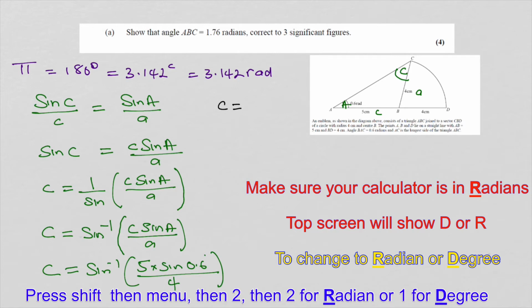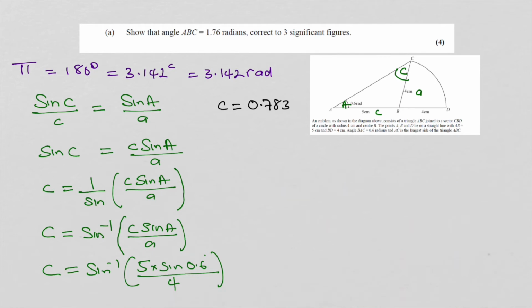The fraction key is below the option button. Then 5 times sine 0.6, and then press the arrow down to get to the denominator. Put 4 there. Press the arrow to the right hand side to then close the bracket. And then equals, so C will be 0.7836 radians.